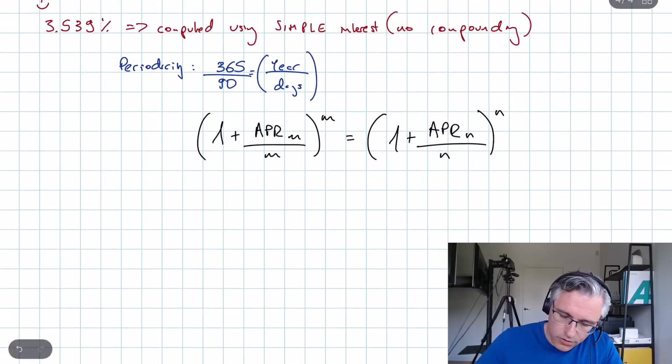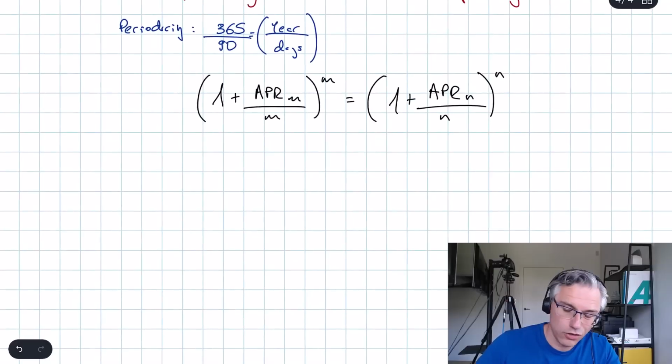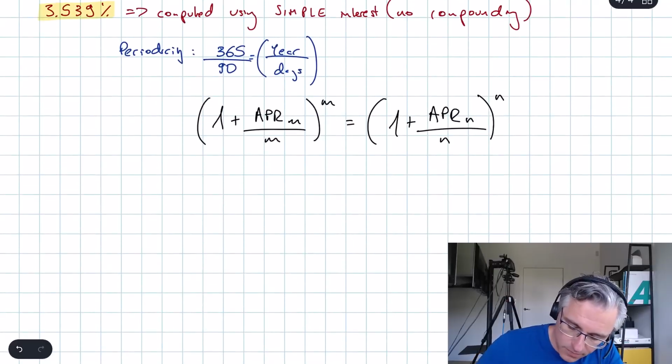So what you could do here, as I told you, your book just discusses this. It doesn't really provide a proper question on it, or even a proper example on it.